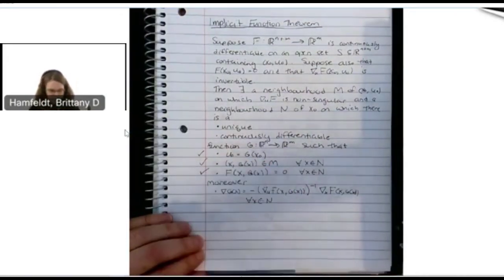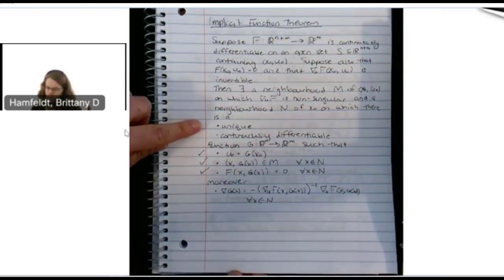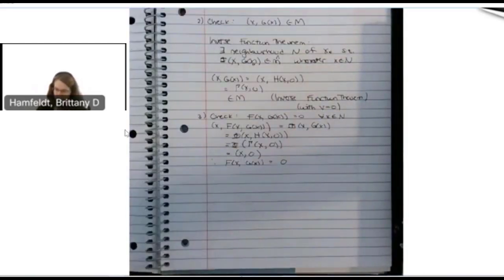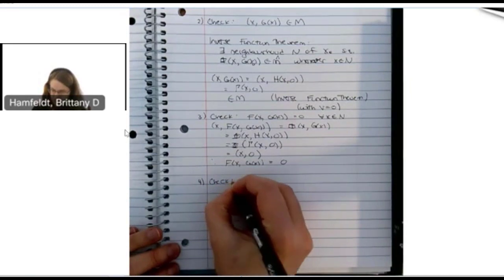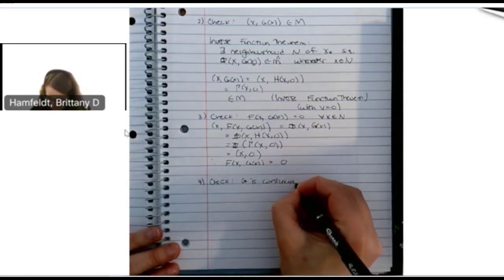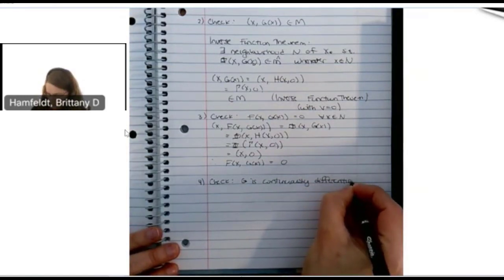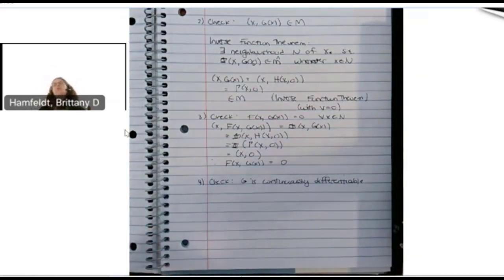So I can check that this is the case. What else? We want to know that this function is unique and continuously differentiable. Well, continuously differentiable is straightforward. Okay, why is it straightforward?